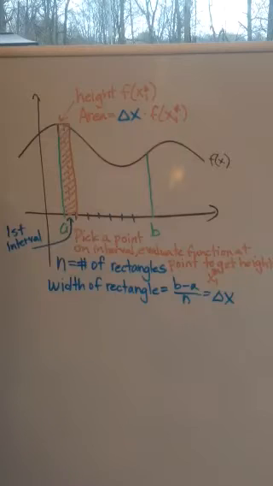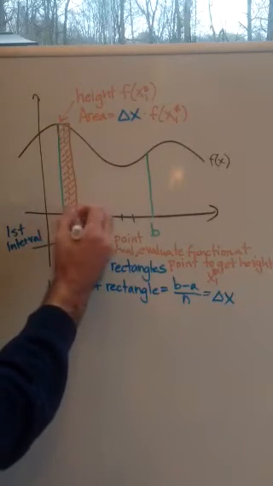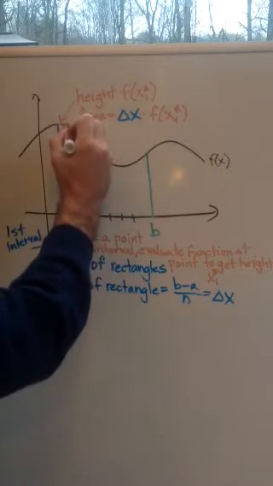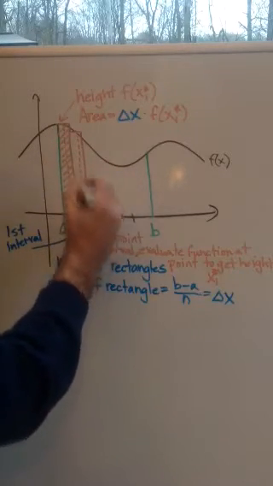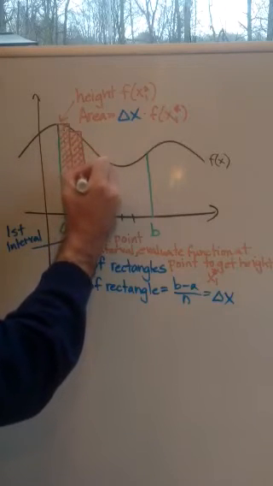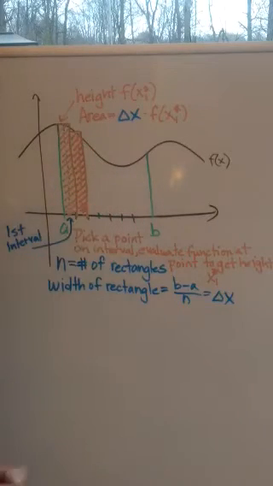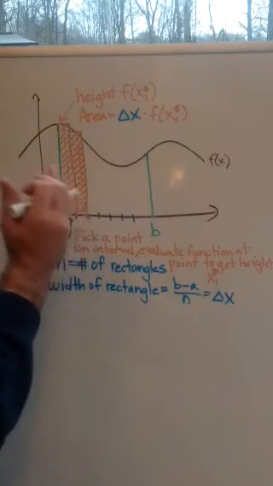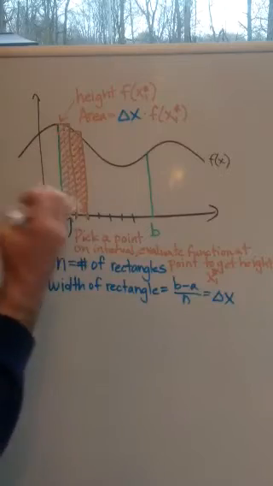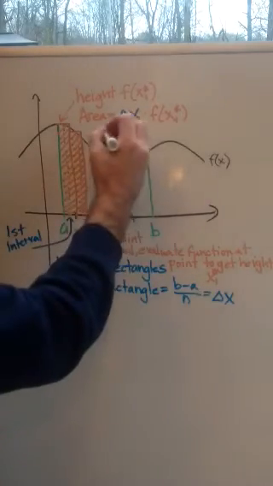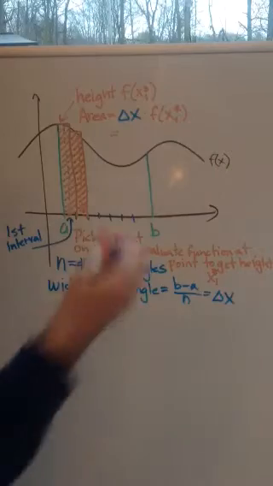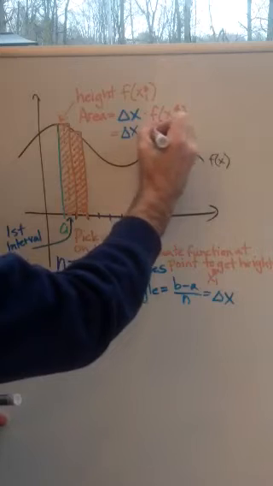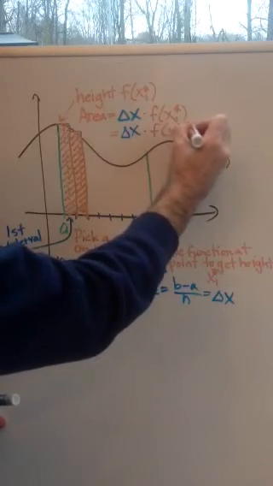Now I'm going to do that for each one of these intervals. So on the second interval, I'm going to pick a point. Doesn't matter where it is. Could be the left, could be the right, whatever. The height there is going to be f of x2 star. It's the second point that is interesting for us. And so that area is going to be delta x times f of x2 star.